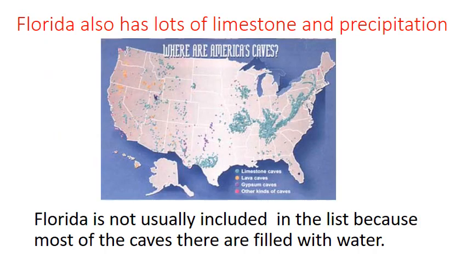Now, Florida, if you look on this map, doesn't seem to have many caves, but Florida is almost all limestone, and we know Florida has a lot of precipitation, and we know that water goes into the ground. The difference with Florida is that most of the caves in Florida are filled with water because the water table is so high.